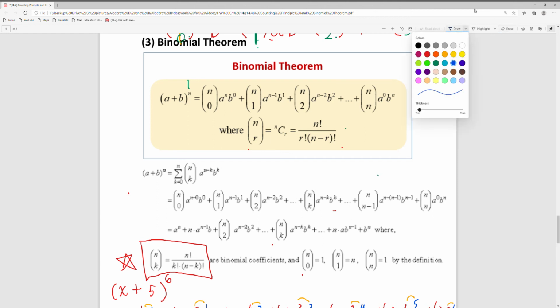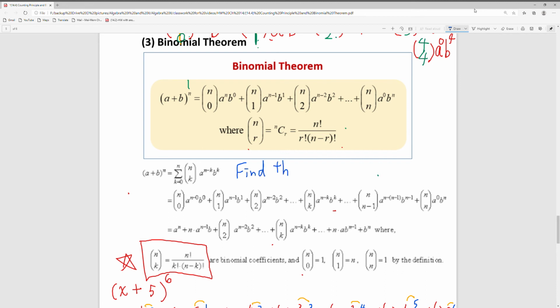So you may be asked to find the k-th term. This is the first term, second term, third term.